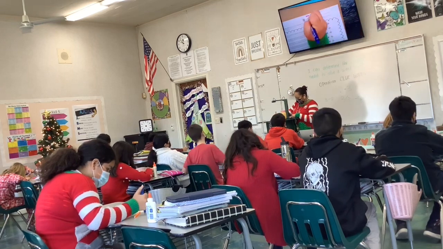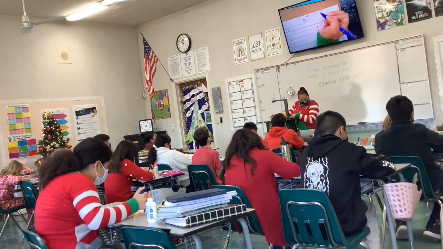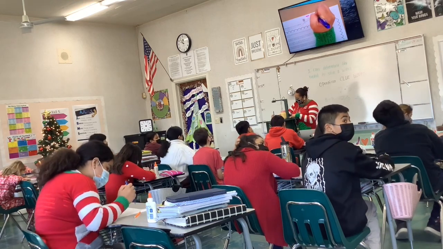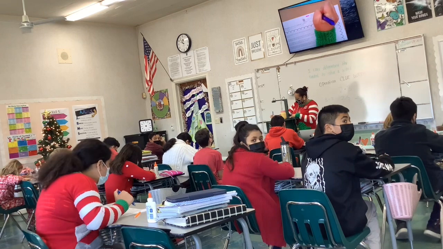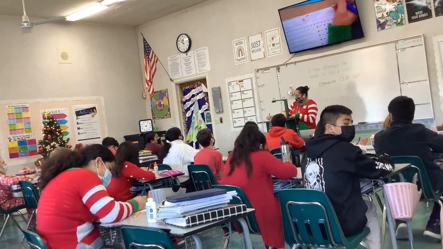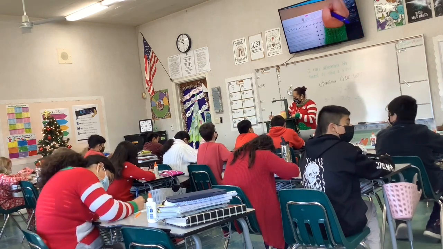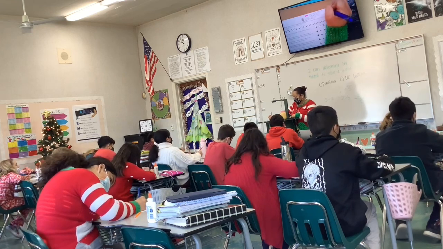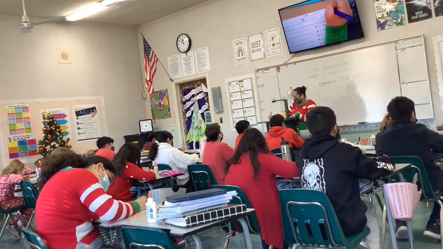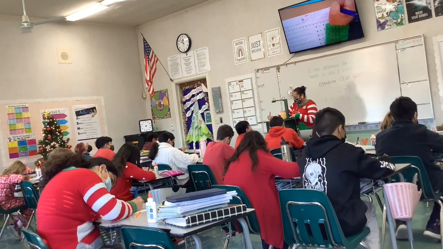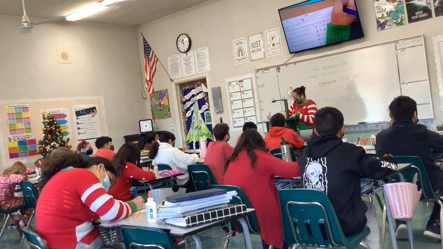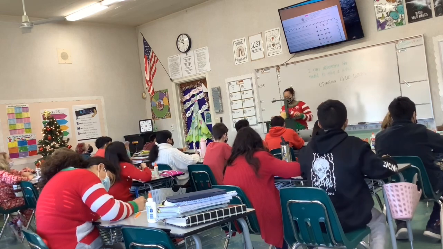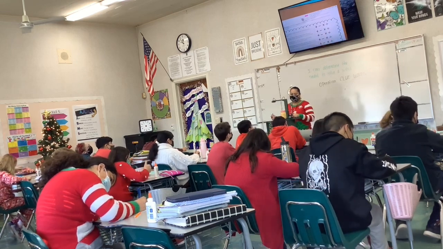And then we're going to underline the question. And then we're going to cross out irrelevant information. Okay, that's kind of like a key as to what we're going to be doing in this word problem.